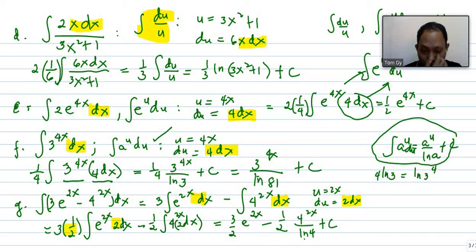Now this is 1/2 ln of 4. 2 ln of 4 is equivalent to ln of 16. So that we will arrive at our final value, which is 3 over 2 e to the 2x minus 4 raised to 2x all over ln of 4 squared. 4 times 4, 16. That is ln of 16 plus c. So that will be our final answer.